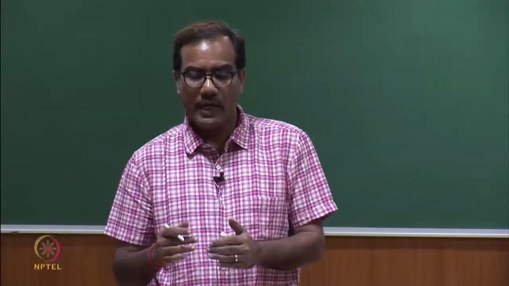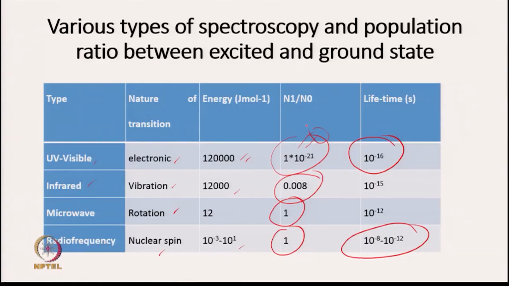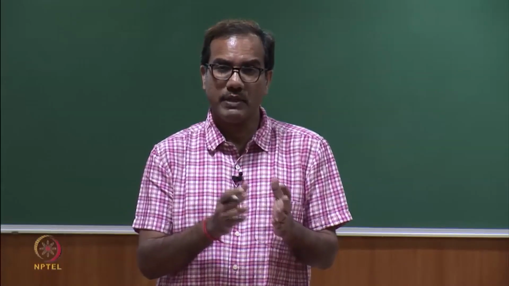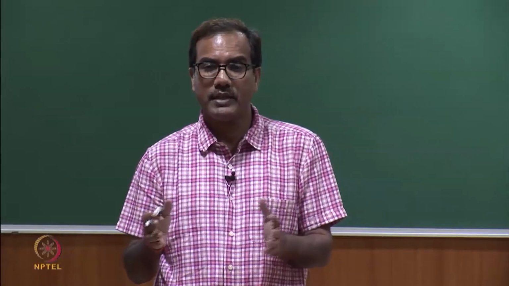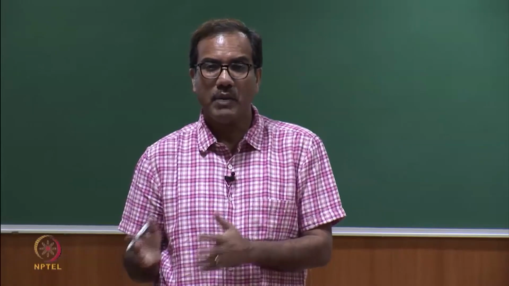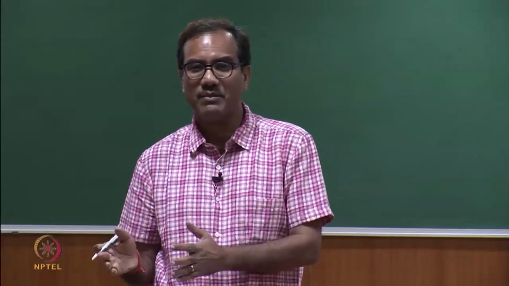And so, intensity is going to be highest in UV vis spectroscopy, whereas resolution is going to be highest in NMR. So, UV vis spectroscopy is a low resolution technique, whereas NMR is a high resolution technique, but NMR is a low sensitivity technique.